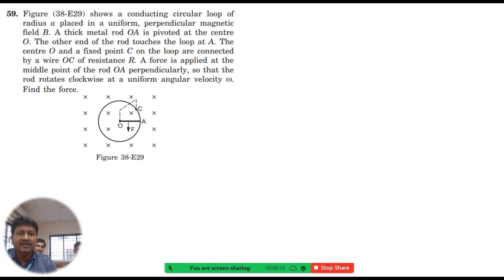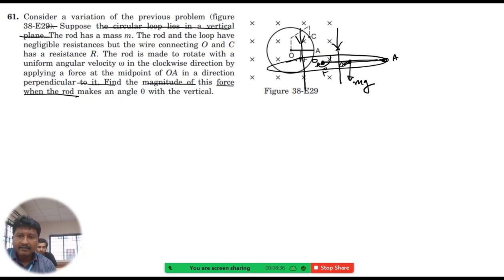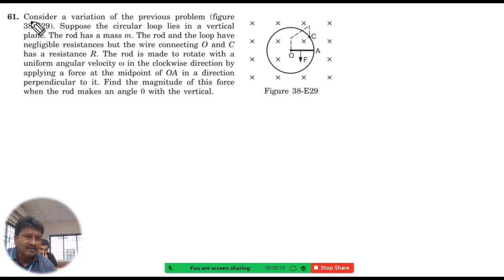The next problem is in the vertical plane only. Okay, let us do it. In that, the applied force will not do any change. Consider a variation of the previous problem. Consider a circular loop lying in the vertical plane.